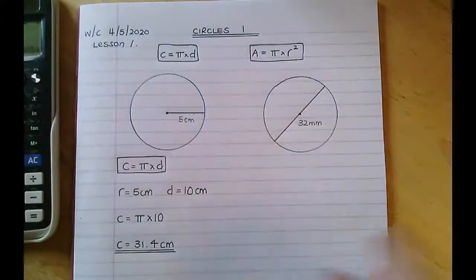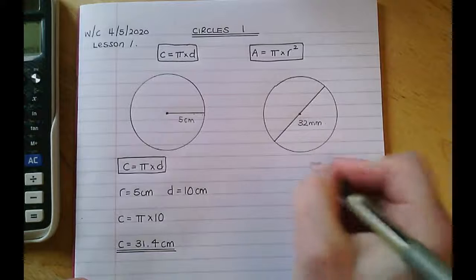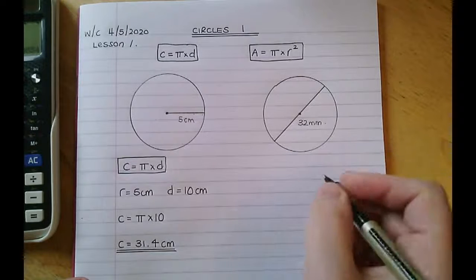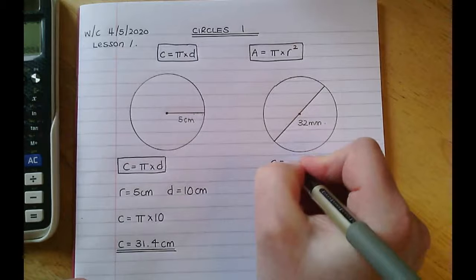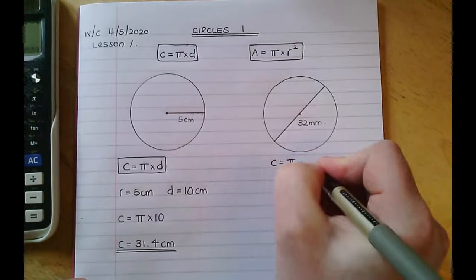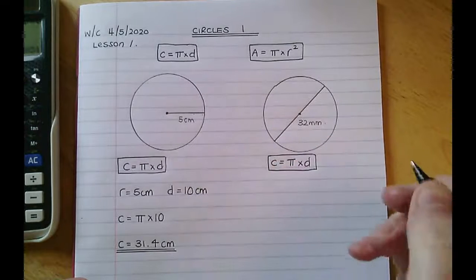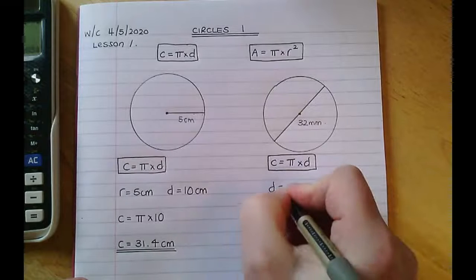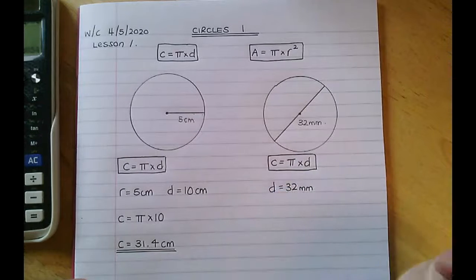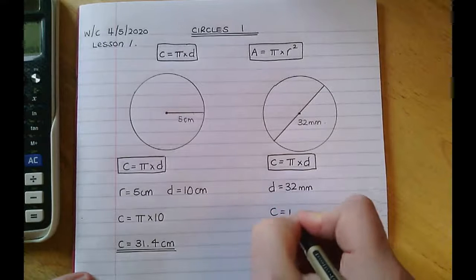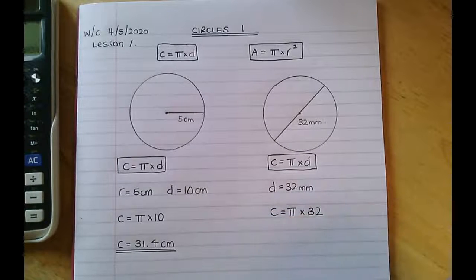So if we move on to the second one, this one's actually slightly easier because we're told the diameter this time. So we don't need to double anything or half anything. So again, I'm going to state my formula, put a box around it. I'm told the diameter is 32, in this case millimeters. So the circumference is pi times by 32.